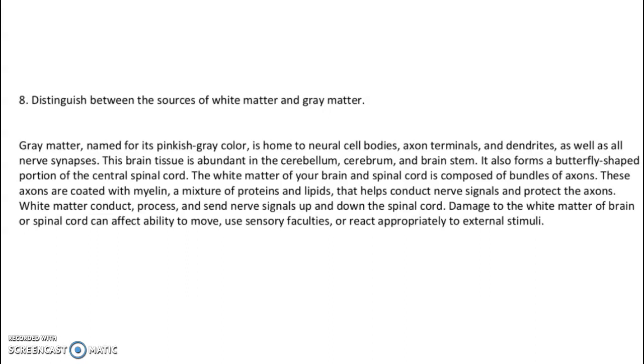Those axons are coated with myelin, a mixture of protein and lipids that helps conduct nerve signals and protect the axon.